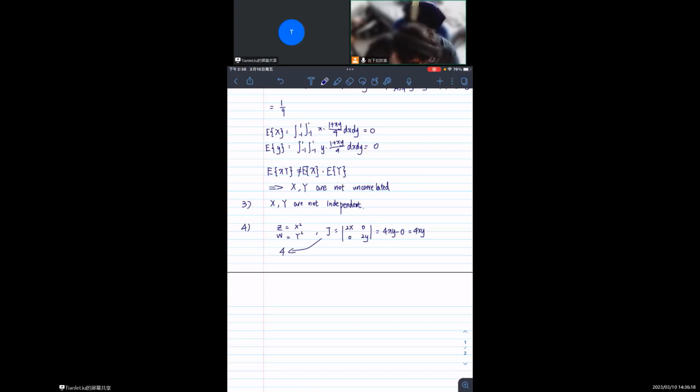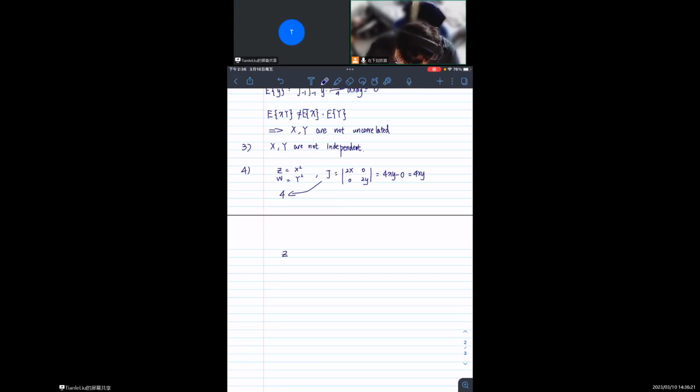Since it's X squared and Y squared, Z and W are also larger or equal to 0 and less or equal to 1. Based on X squared and Y squared, we get X equals square root of Z and Y equals square root of W, which means the Jacobian will equal 4 square root of Z square root of W.